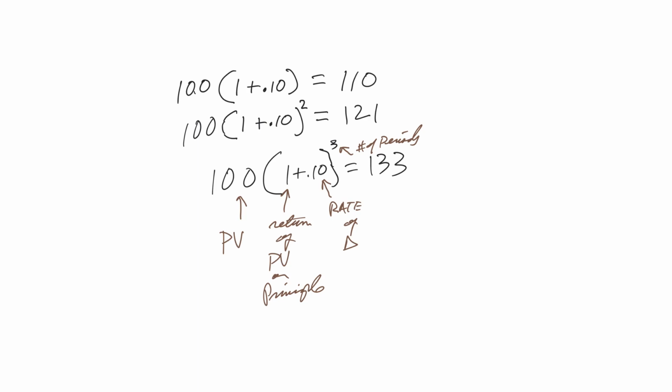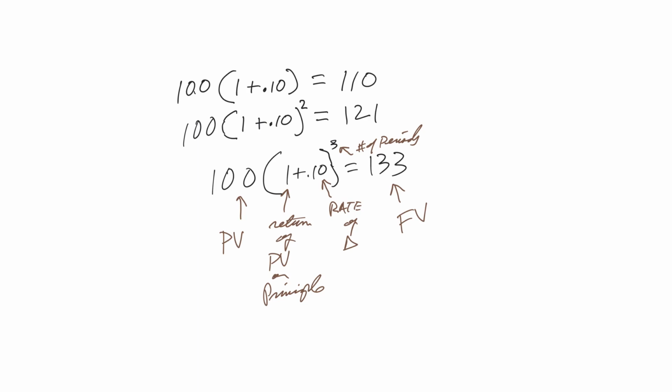So we have to pay close attention to what the periods are. And this here is our future value. That's what we're getting back in the future. So present value and future value, those are pretty intuitive. And the return to the present value or principal, our rate of change, the number of periods, and there we have it.